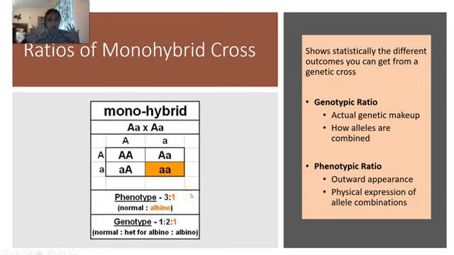That's what the outward appearance is like, what the physical expression of these alleles looks like, that we can follow and score. That's a dependent variable, so to speak. And the genotypic ratio is going to be 1 to 2 to 1, since we have a quarter of the population as normal, a quarter as albino, and the remaining half as heterozygous for albino.